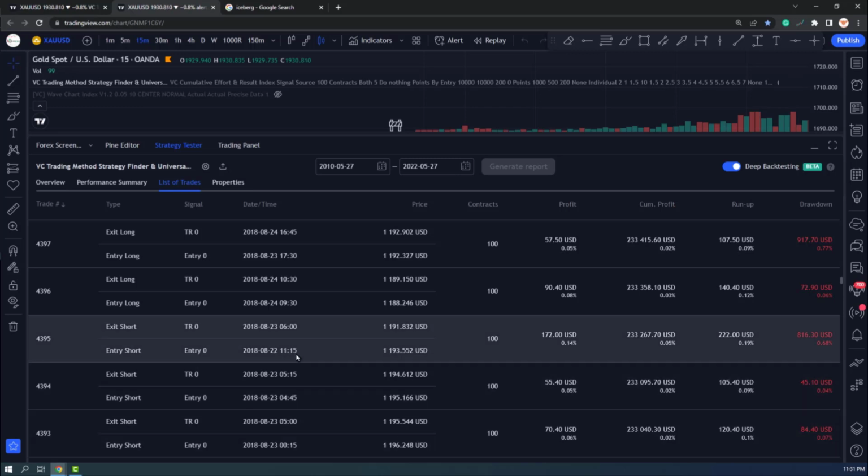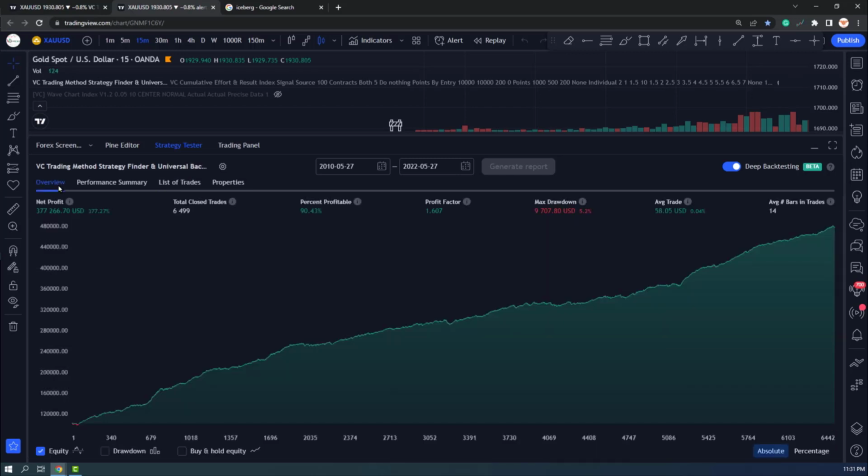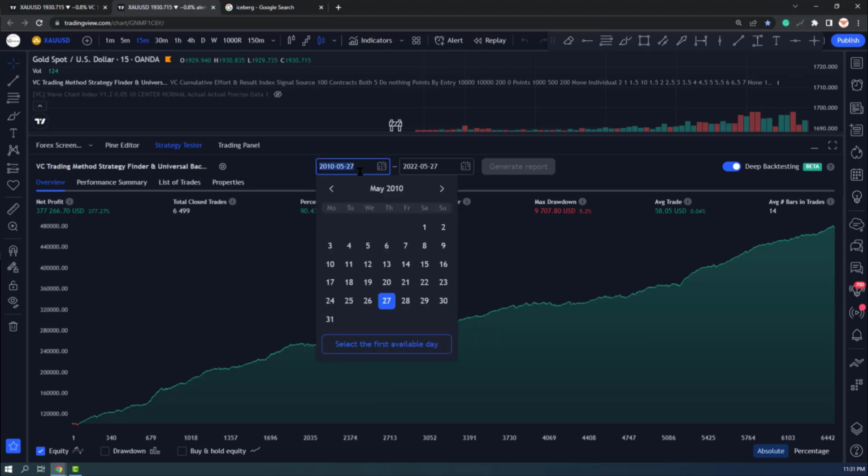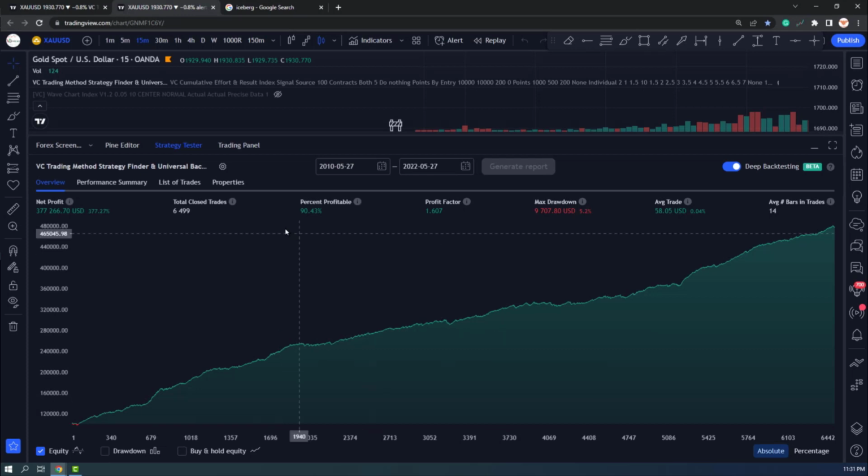Okay, you can see from 2010 to now, we have this backtest. The system has taken almost 6,500 trades with 90% accuracy.